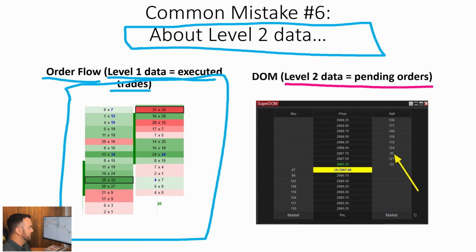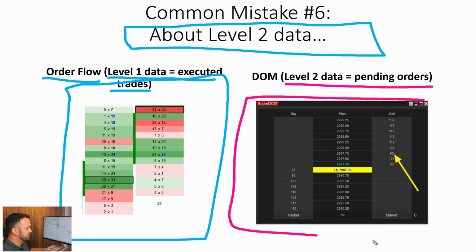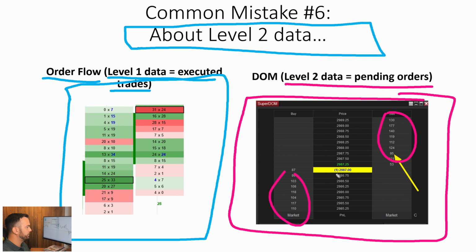Level 2 data is pending orders, but pending orders are very, very often not executed. And here you can see the DOM, the depth of market, and those are the pending orders. For example, if an algorithm wants to manipulate the price to go up, it places pending orders here in order to lure the price to go up.